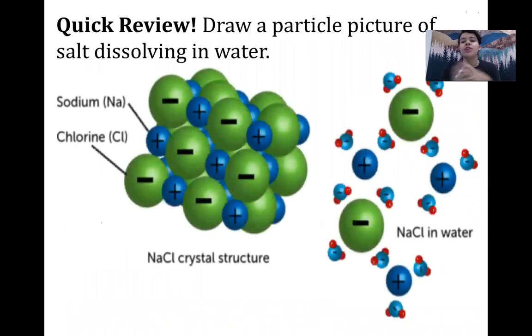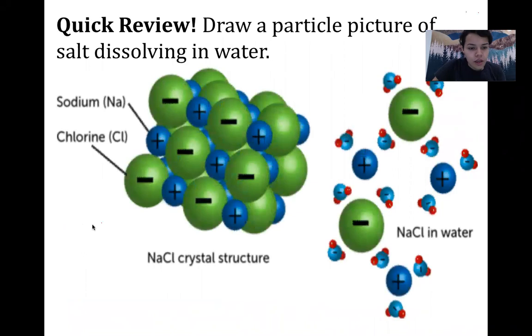So draw a particle picture of salt dissolving in water. So you've got salt, NaCl, Na is plus, Cl is minus. And then over here, if you put it with water, the positive particles of the water, the H plus, are going to be pointing towards the negative Cl.